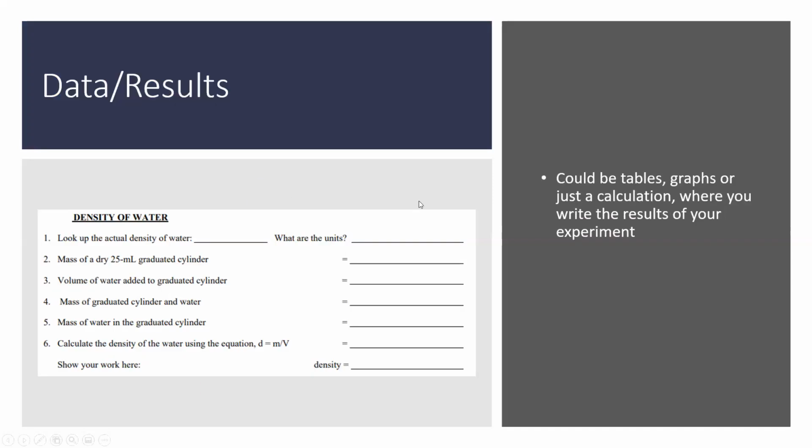And of course, you can also write a table, or you can put a graph or a picture where you express the observation. It depends on the type of experiment that you are going to have.